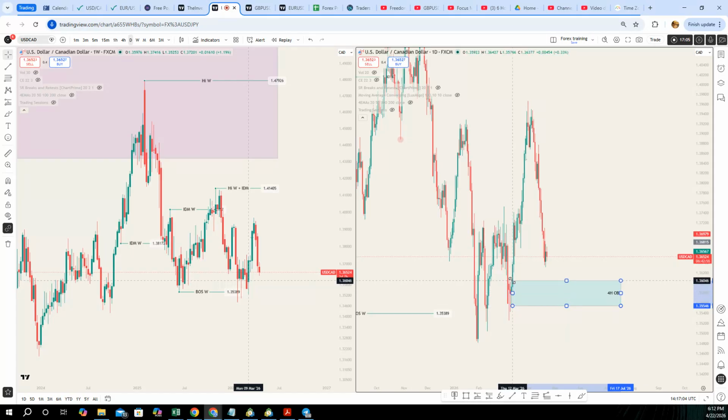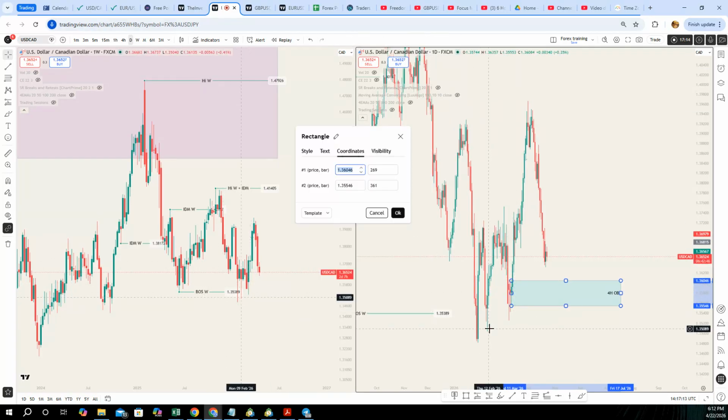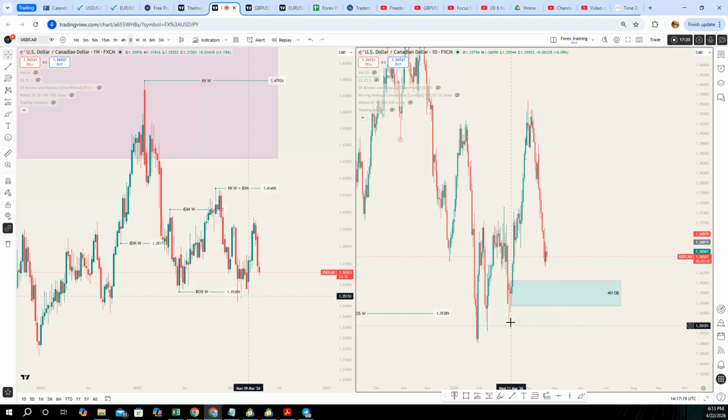It's a bigger order block. Let's see the coordinates. Oops, we don't have time for this.